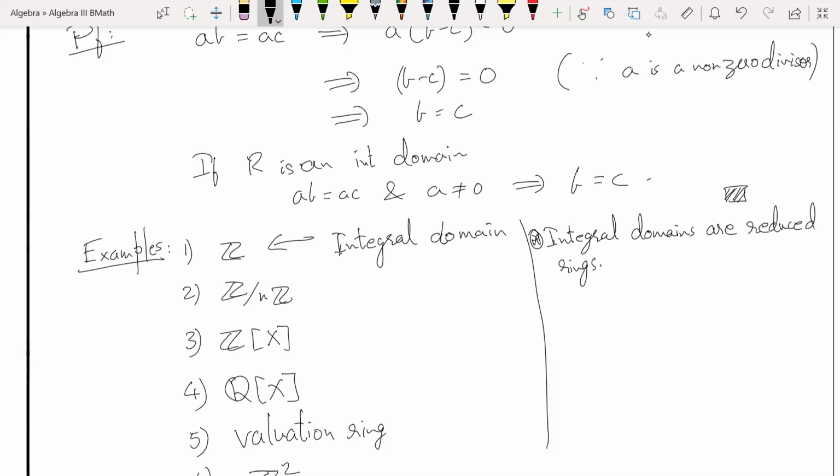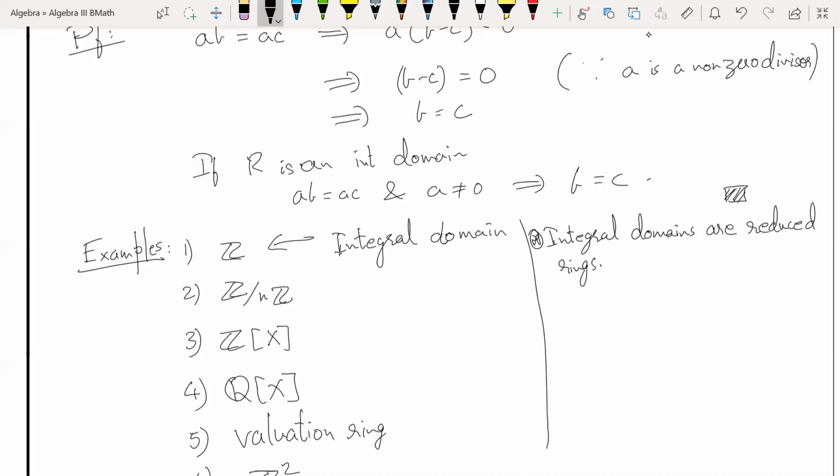This follows from what we argued last time, that nilpotents are zero divisors. So if a ring does not have any non-zero zero divisors, or every non-zero element is a non-zero divisor, then it cannot have nilpotents. So Z is an integral domain, and hence it is also reduced.